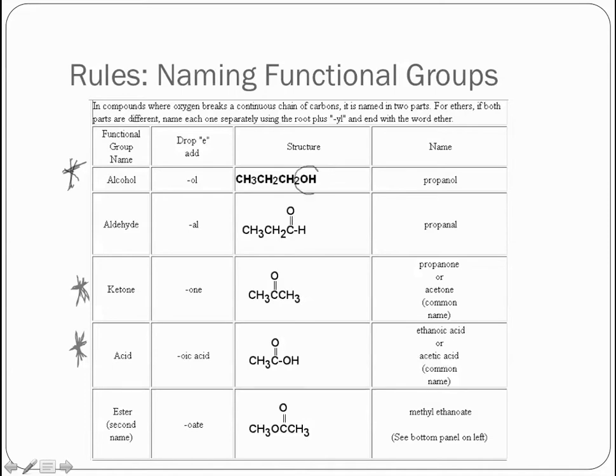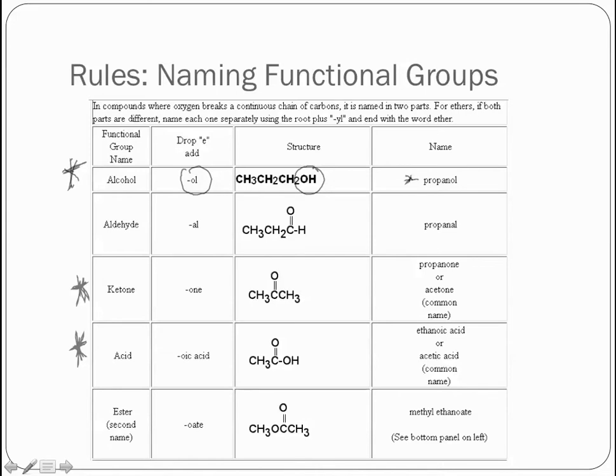For alcohols, we're looking for this OH group by itself on a carbon chain. To name the parent carbon, we count 1, 2, 3 carbons, and since there are no double or triple bonds, this is propane. Since there's an alcohol group, or an OH, we would say this is propanol, as it says here.